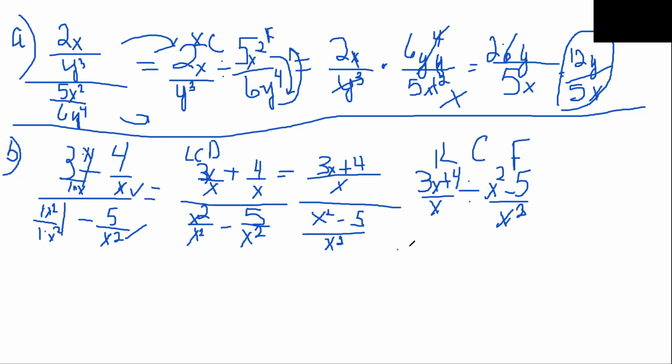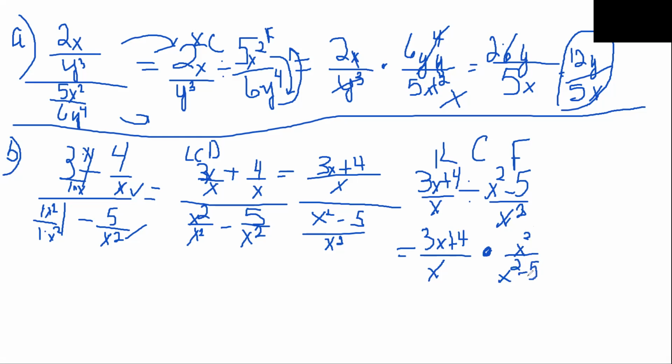Once again, what will I keep? I will keep 3x plus 4 over x. What will I change? Change division to multiplication. And what will I flip? x squared, the denominator, will now turn into the numerator, and x squared minus 5 will now become the denominator.